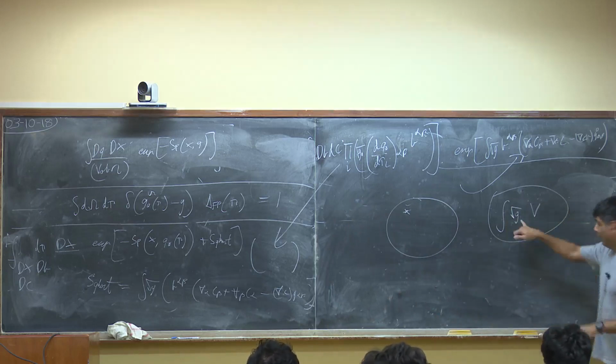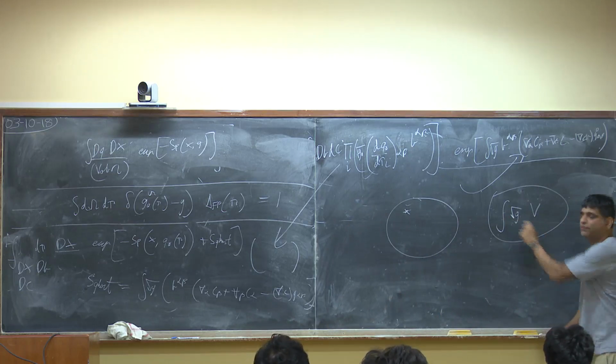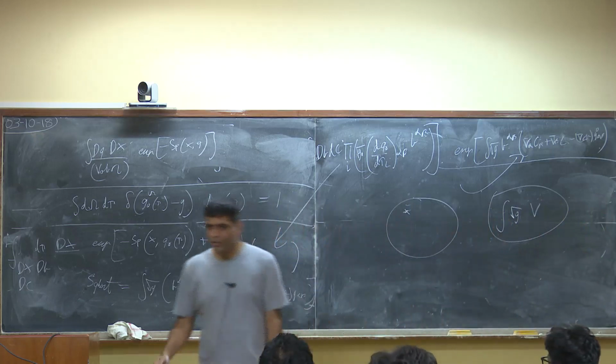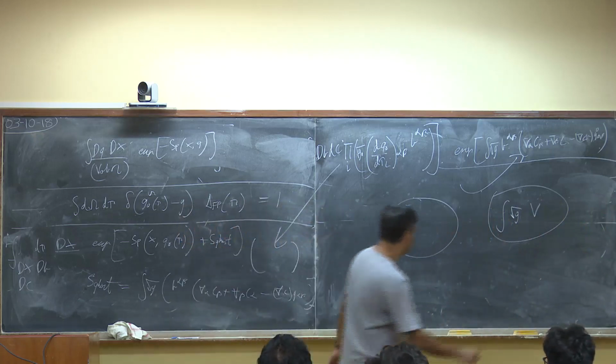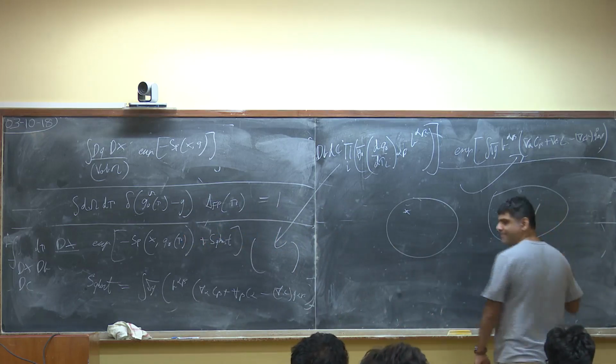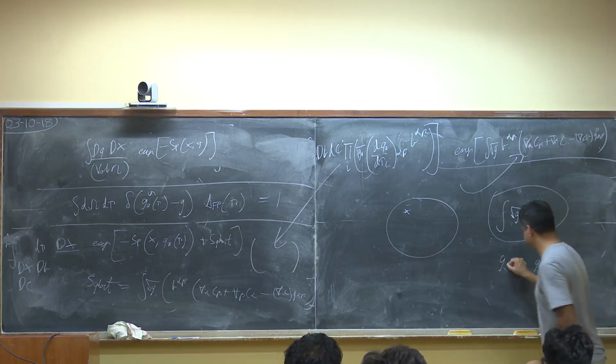But there's something more elementary, which is what is the transformation of g under a Weyl rescaling? Let us work with the convention that g goes to g times e to the power minus sigma.